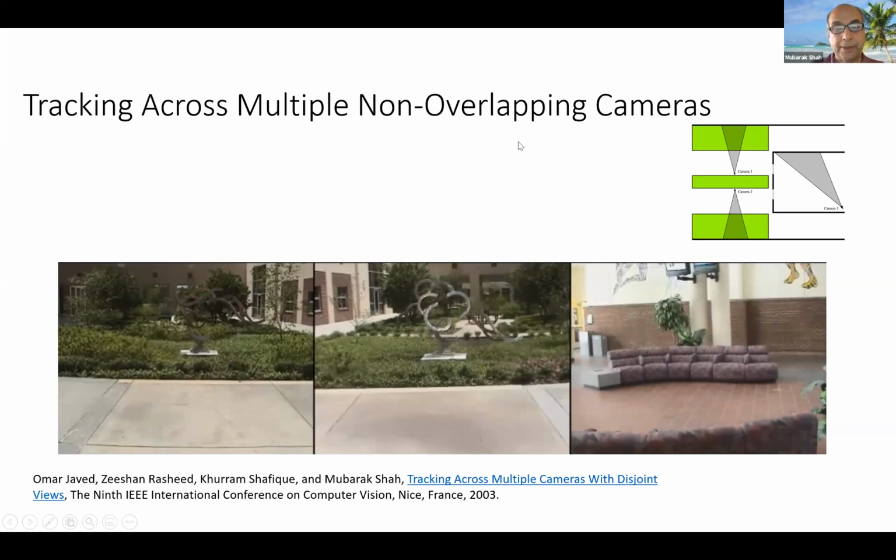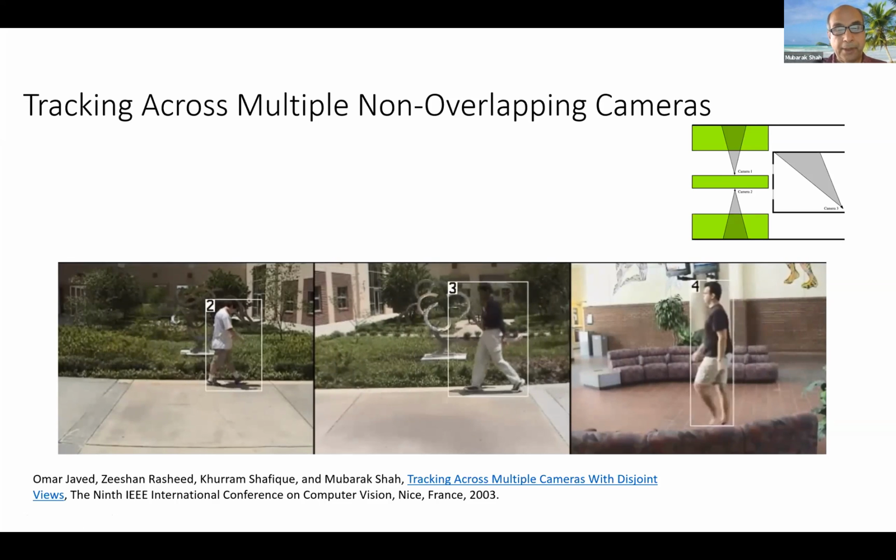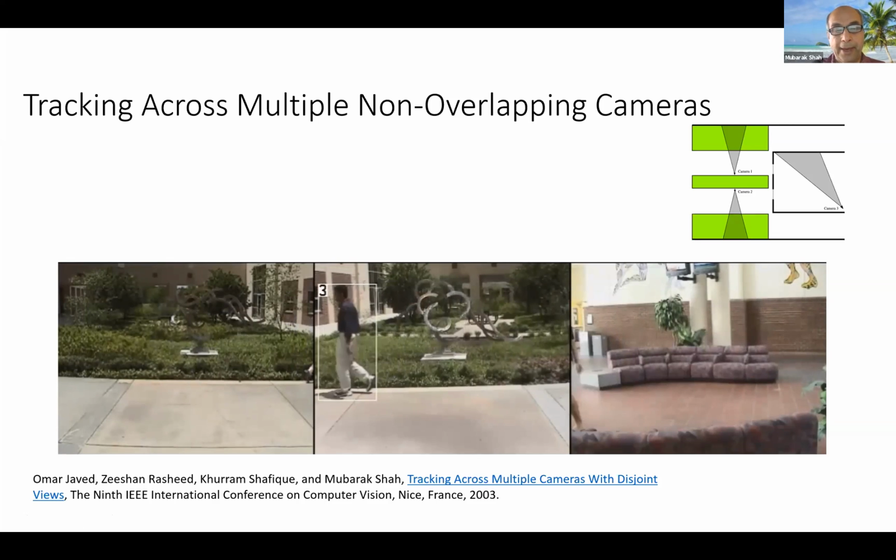The challenge then is to assign them the same ID. So this person will appear here, assign the same ID, and maybe some people will appear in this camera. Again, you want to assign them the same ID. This is a big, complex problem because of different camera gains and different illumination conditions, indoor and outdoor, and that was 20 years ago. We worked on this with no deep learning or anything. This was the classical computer vision method.